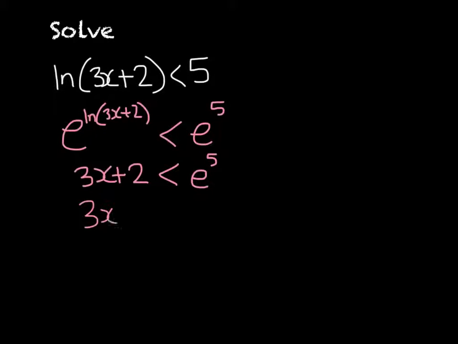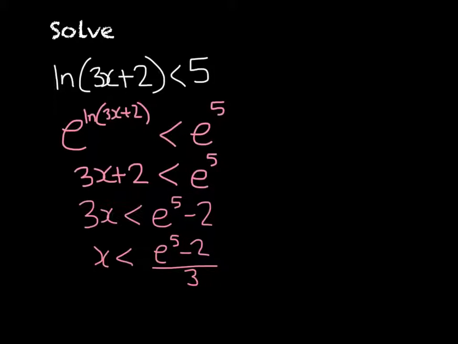So then 3x is less than e to the 5 minus 2, and x is less than e to the 5 minus 2 over 3. We can evaluate this with our calculator. And so we end up with x is less than 48.8. At this point, we should check to make sure that if we plug in 48.8 into our original equation, we don't end up with something negative here, because you can't take the logarithm of a negative number. And indeed, our solution works fine.